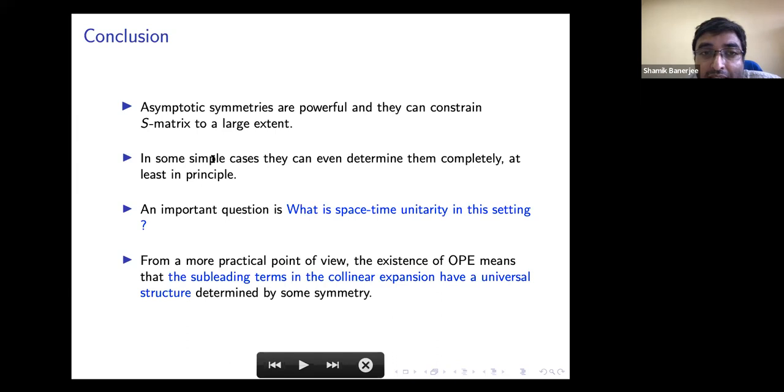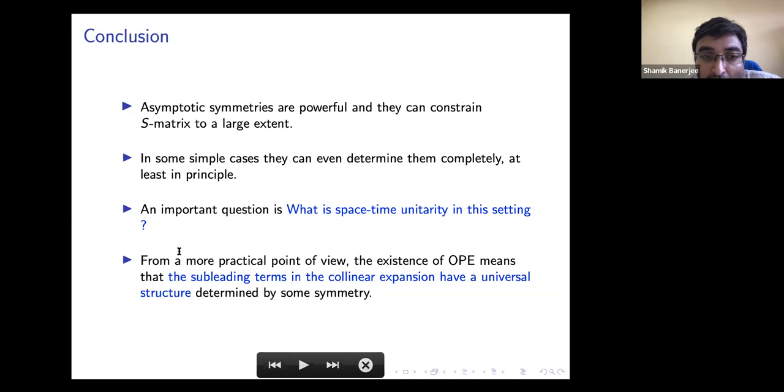In some simple but not trivial cases, they can even determine them completely, at least in principle. Now, an important question is what is spacetime unitarity in this setting?